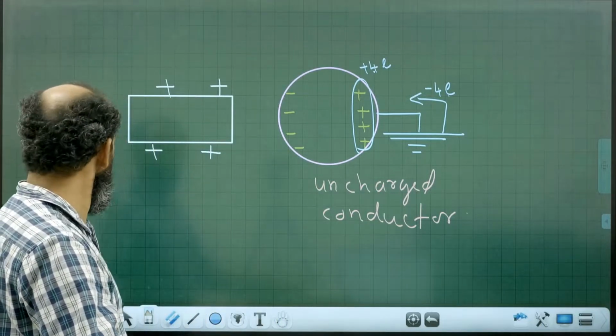Now, the gold leaf electroscope is the device used for detecting the presence of electric charge on any charged body, if any. Another application: you can compare relative strengths of electric charges in each of the two charged bodies.